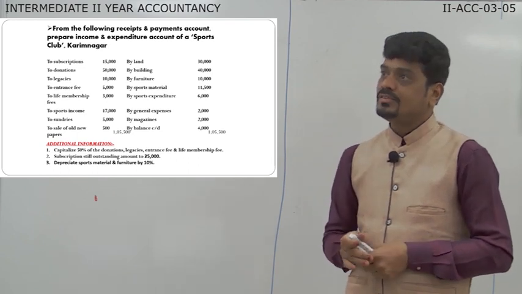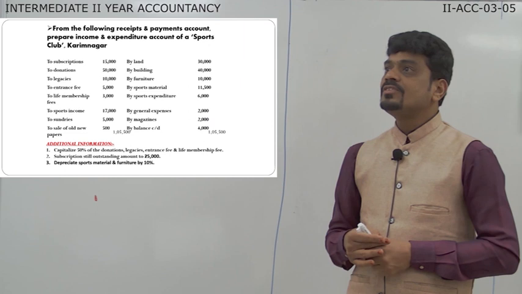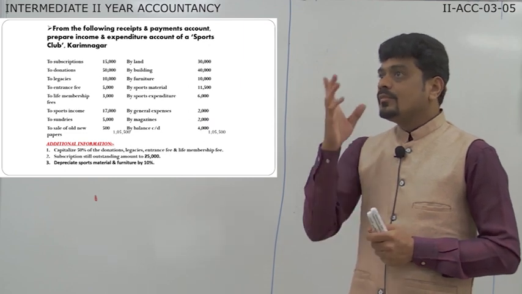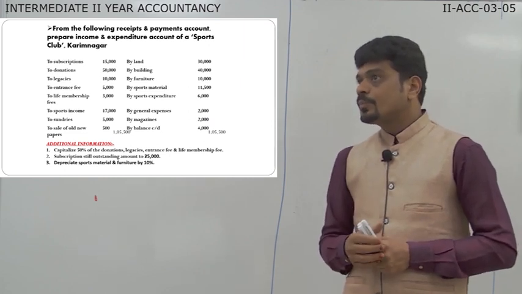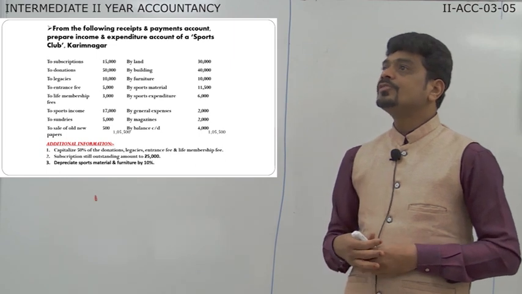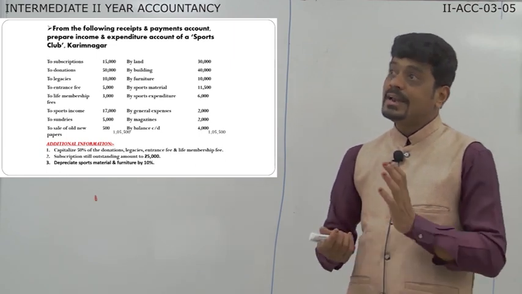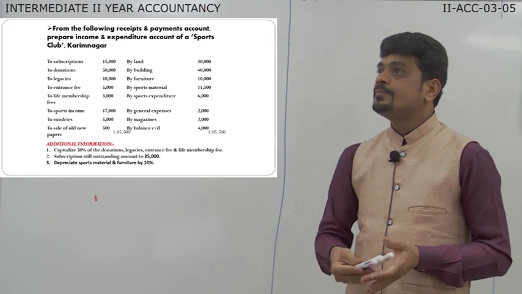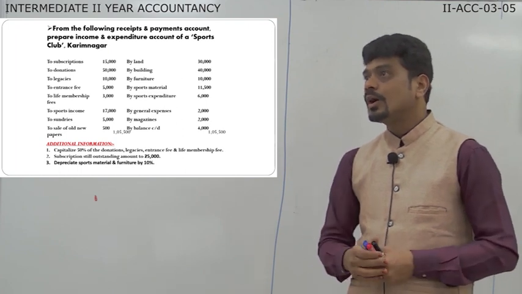Then subscription still outstanding. Then depreciate sports material and furniture, directly given at 10%, 5%, and we'll do accordingly.